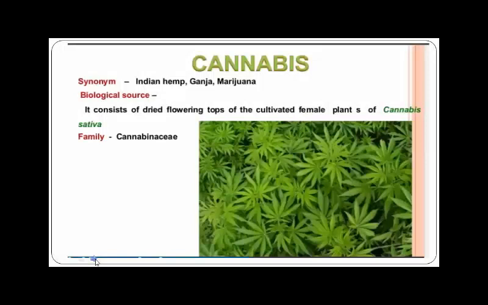So the first drug we have is cannabis, which is also called Indian hemp, ganja, marijuana, and it is the dried flowering tops of cultivated female plants of Cannabis sativa, family Cannabinaceae. It has hypnotic constituents and it is also a drug of abuse.